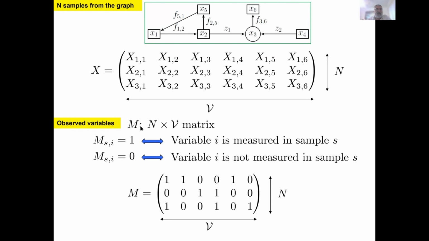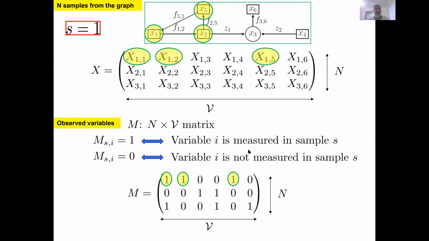Now, for a given sample S, only a subset of the variables of the graph may be observed or measured. And we indicate which ones by using this other matrix M, whose entry Si is equal to 1 if variable i is measured in sample S, and 0 otherwise.